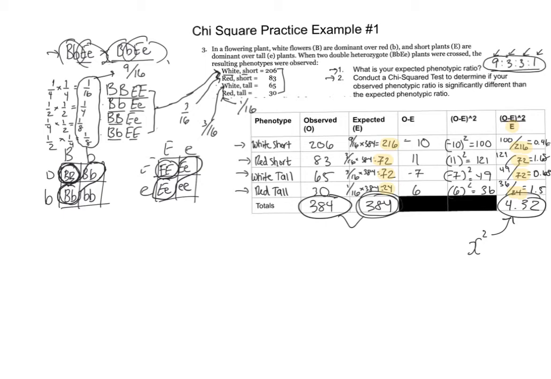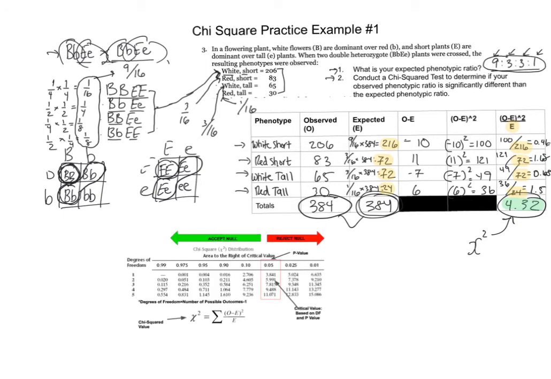Okay, and then once you've done that, you're going to add up all of these values to get your chi-squared value, which I've done here. I've got about 4.32 was my chi-squared value. I'm now going to take this and I'm going to go to my chi-squared table to interpret my result. Okay, so here is my chi-squared table. First, I got to find my degrees of freedom.